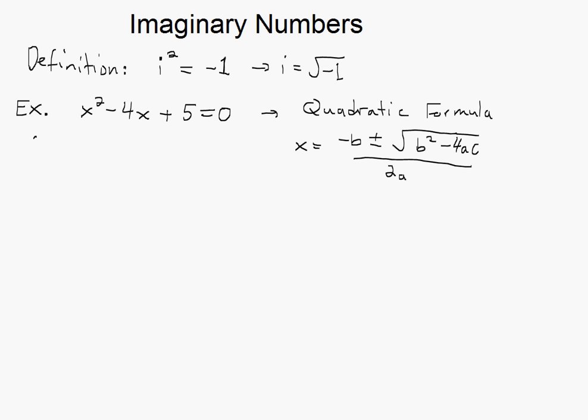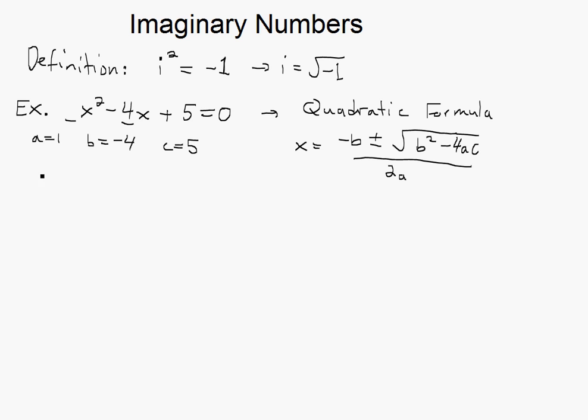In this case, a is equal to 1, that's this coefficient, and b is -4, and then c is equal to 5.